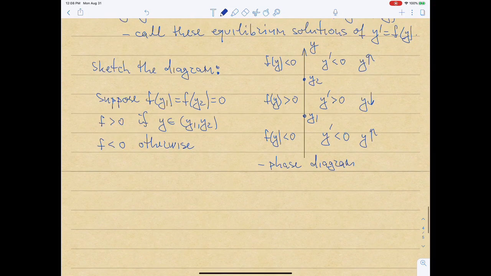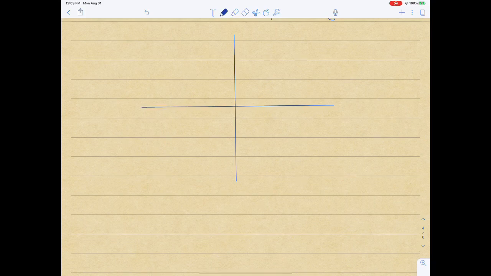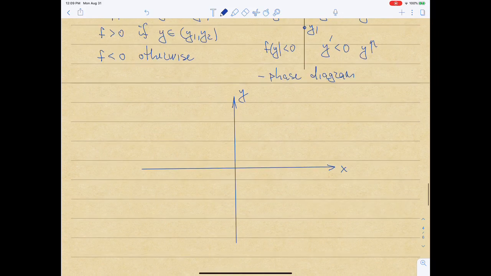Okay, now I'm going to try to use this phase diagram to determine how possible solutions of my autonomous ODE are going to look. So for that we need to sketch again a choice of xy plane. So let's see what sort of information we have about our ODE.